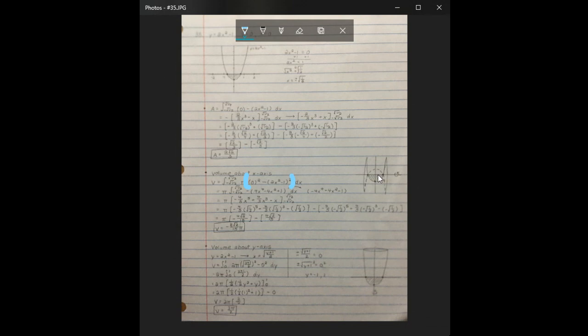So it would be, the radius is this way. Right. Vertical instead. That's right. Basically the y value of the second function.